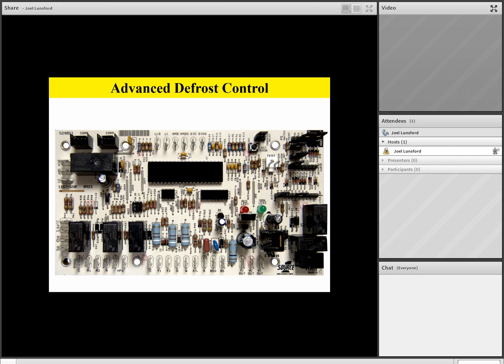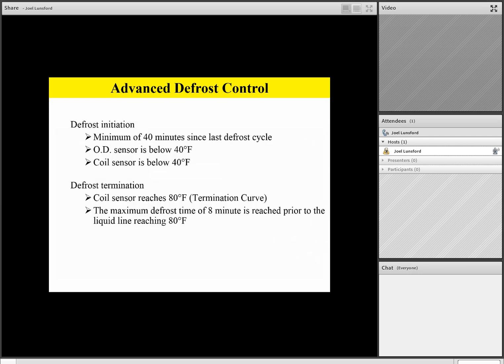Now, it should be noted that the advanced defrost control has some minimums between the last defrost, just like we had before, of 40 minutes. In addition, it will have an outdoor sensor that has to be below 40 degrees before we can initiate defrost, and the coil sensor has to be below 40 degrees before we can initiate defrost.